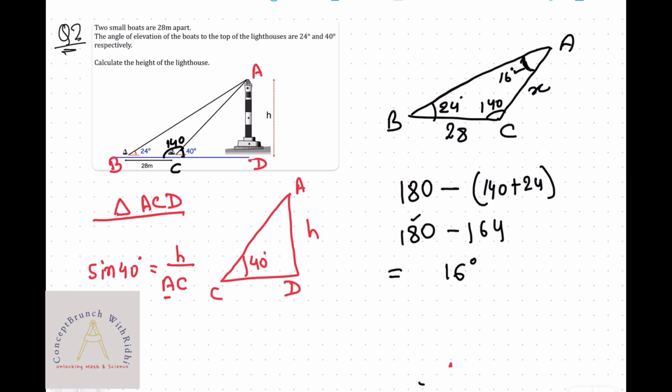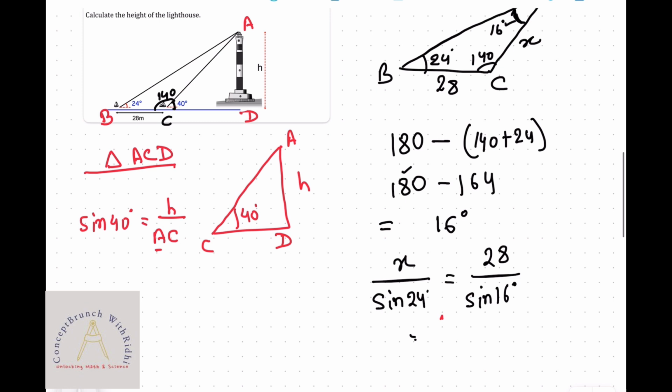Now apply the sine rule here. Writing the sine rule: x over sine 24 degrees equals 28 divided by sine 16 degrees. Cross multiplying, we get x as 28 times sine 24 degrees divided by sine 16 degrees.